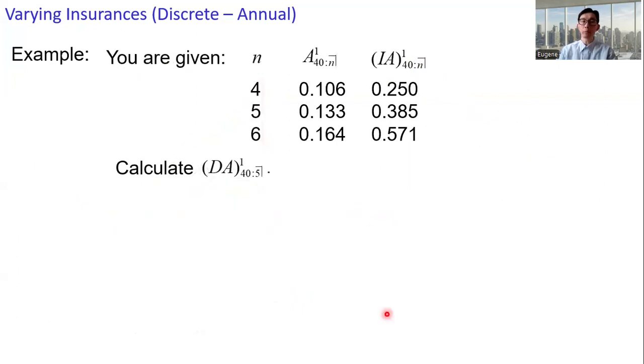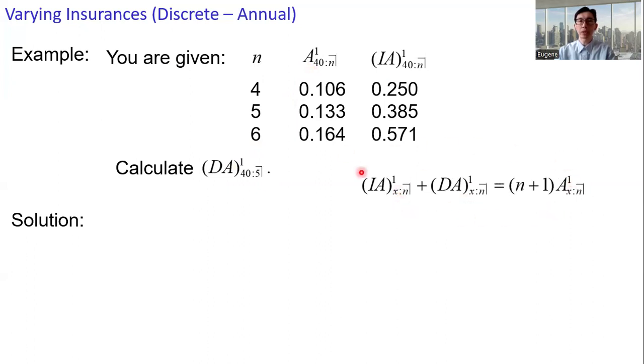Let's take a look at an example. You are given some values, the values for N, and then the N-year term insurance issued on age 40, and then the corresponding N-year term increasing insurance. And we want to calculate the 5-year term decreasing insurance at age 40. All right, we are given IA, and we need to get DA, and we are also given the N-year term insurance.